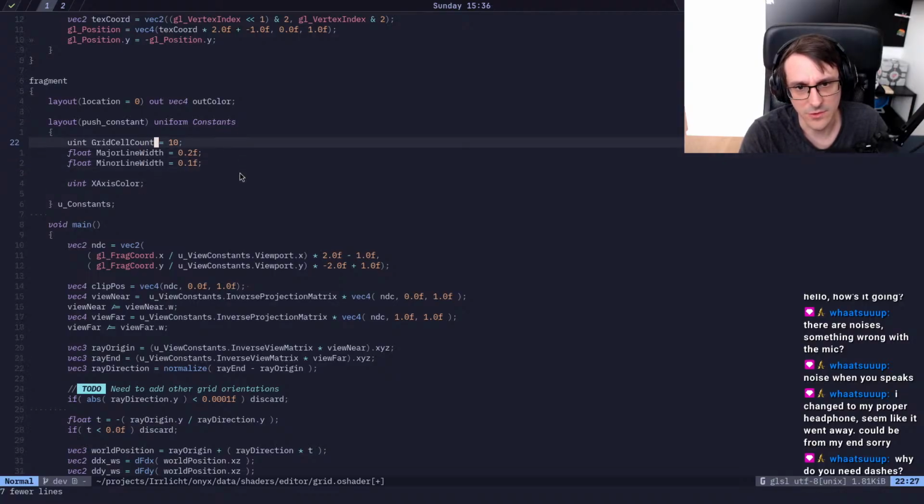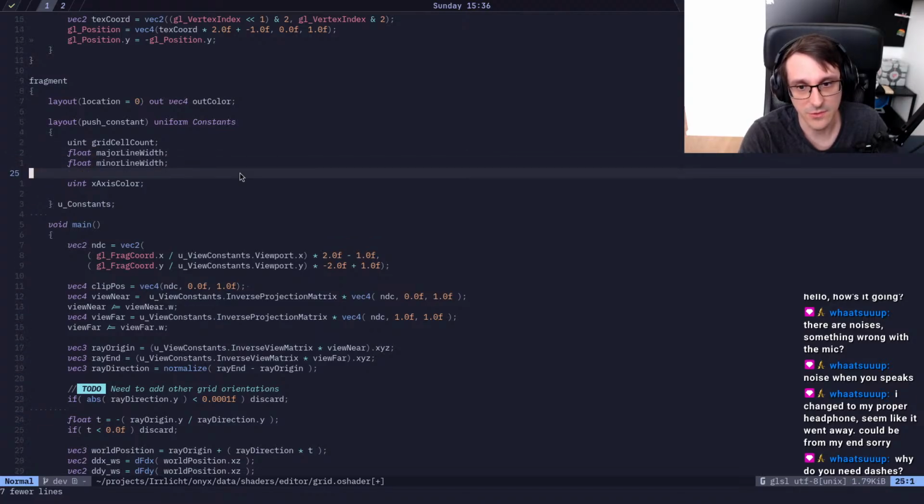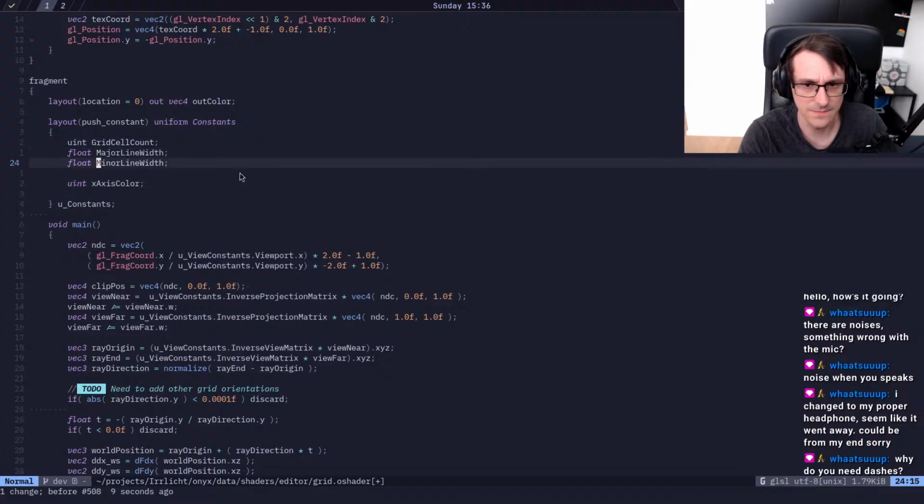Can I even do that? I probably can't, right? I need to define that in C++. Let's actually do that, maybe. That follows the same principle as I do in C++, right? Well, not really, actually.